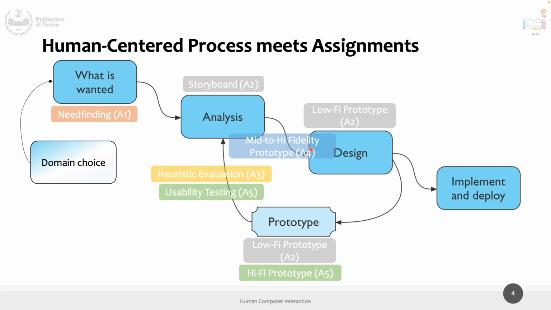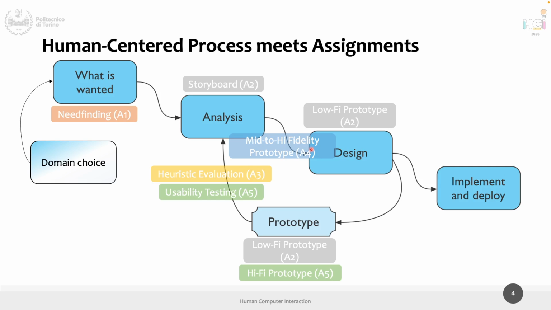And then assignment 5 also includes the usability testing of that high fidelity prototype. That again is an evaluation phase similar to the one that we have with the heuristic evaluation. And with that second cycle, we'll end the course.